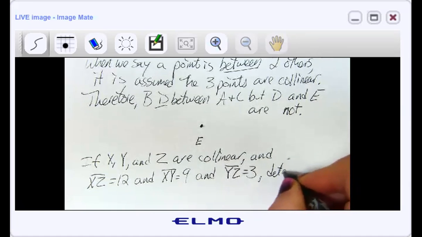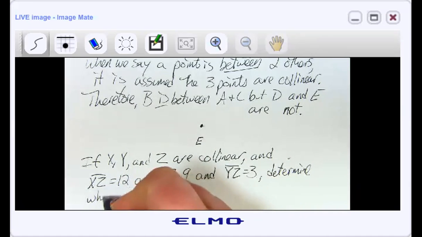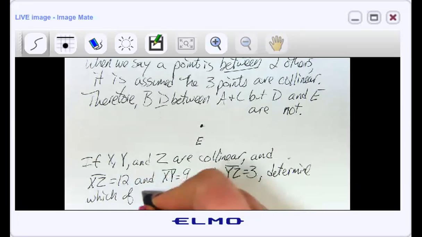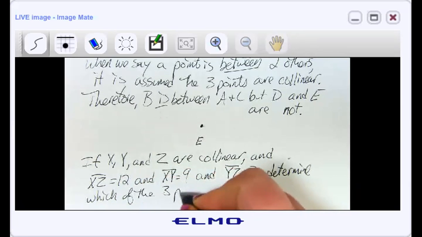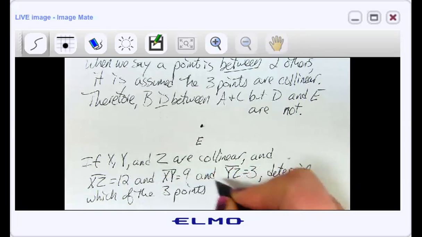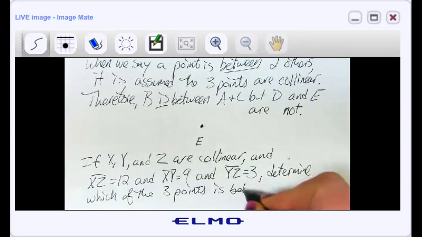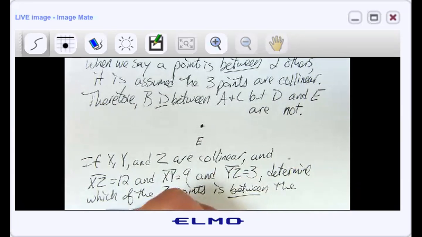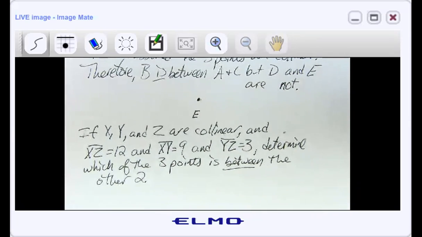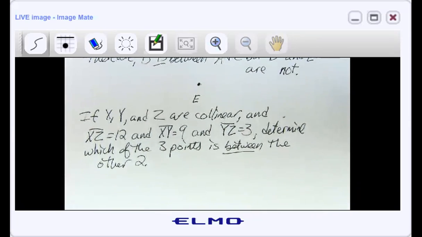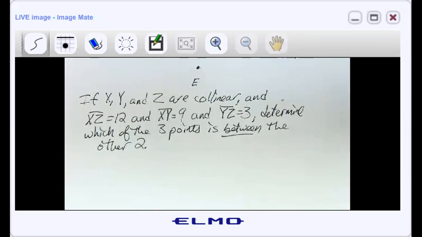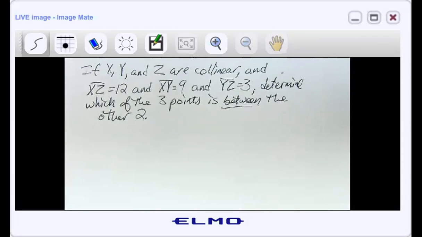Determine which of the 3 points is between the other two. I'm going to move this all the way up.